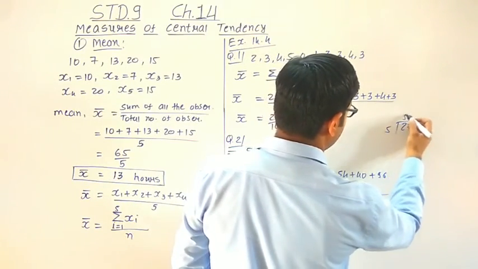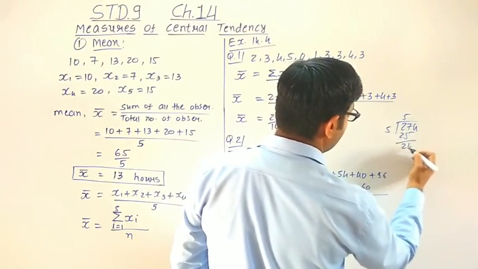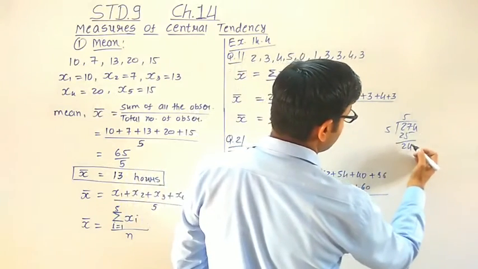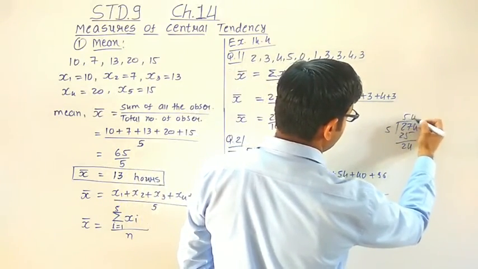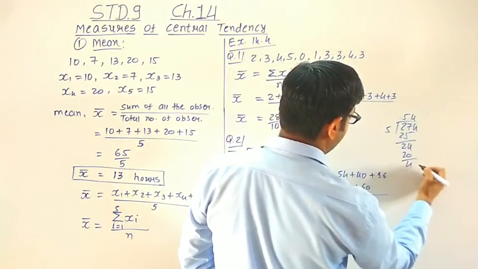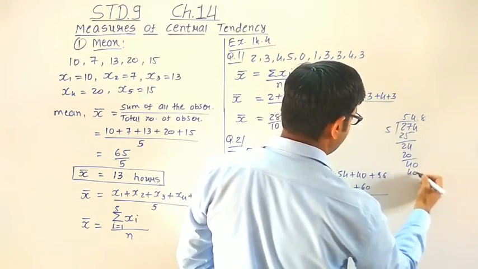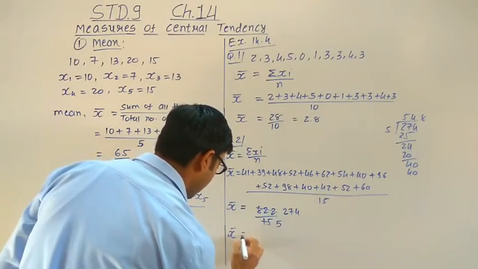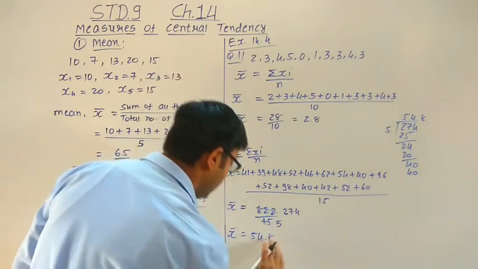So here 5 fives are 25, 24, 5 fours are 20, 4, and 0, 5 eights are 40. So here we get the answer, that is equal to 54.8, right?